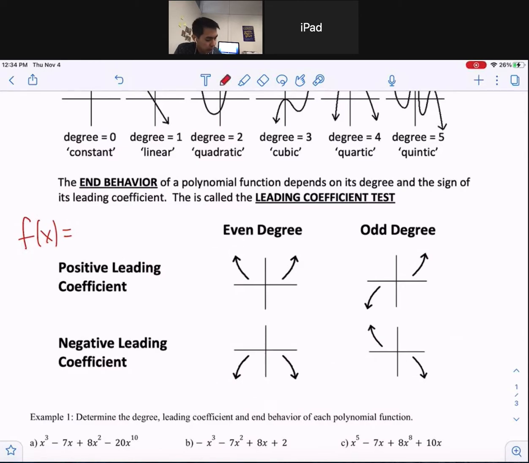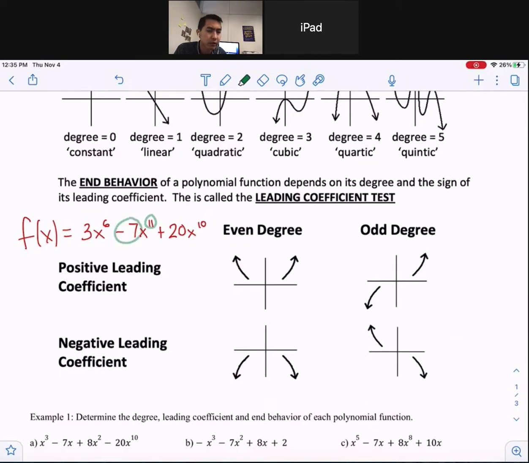Okay, let me throw you guys a curveball. Okay, you guys look at this one. What is the highest degree? It is 11. What is the leading coefficient? Remember, the leading coefficient is attached to the highest degree, which is -7.